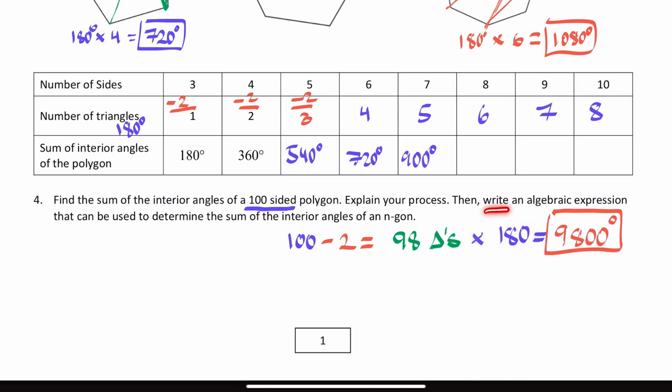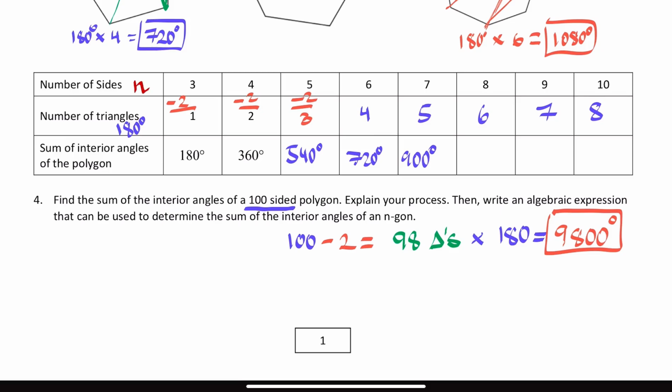And so it says, write an algebraic expression that can be used to determine the sum of interior angles of an n-gon. And so when they say an n-gon, that just means n is for how many sides, the number of sides. I should have mentioned that up here. So when you have the number of sides, we can always use a variable. We could just call it n.